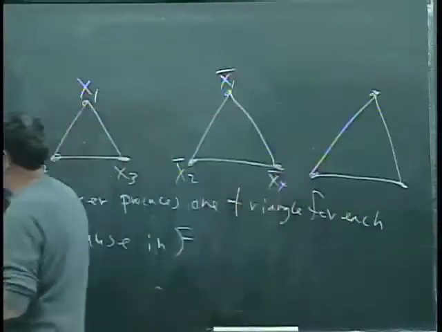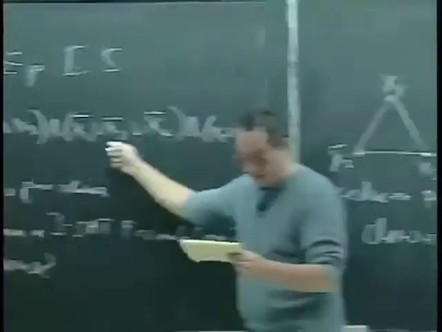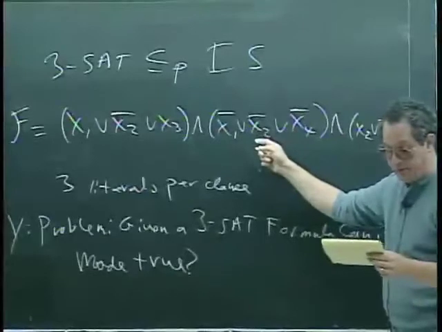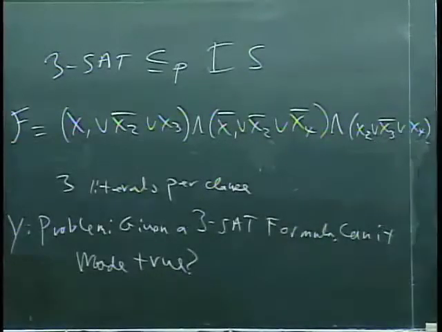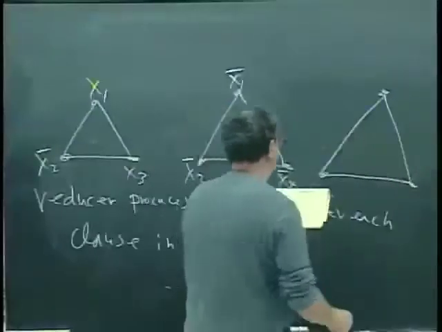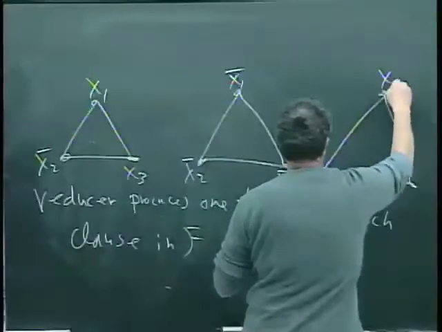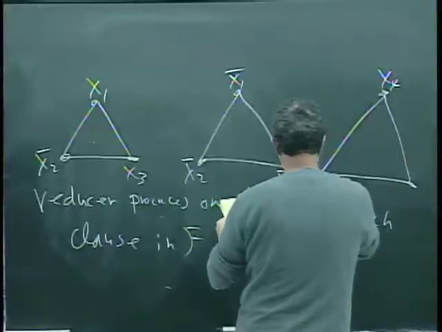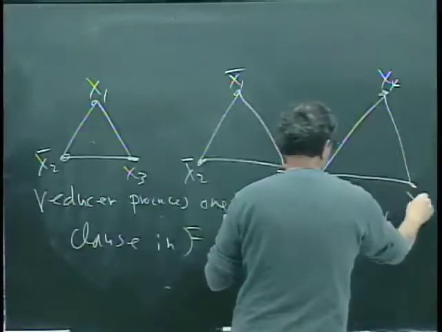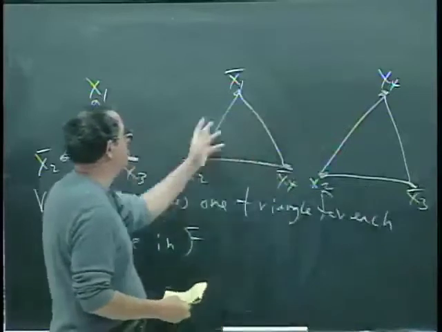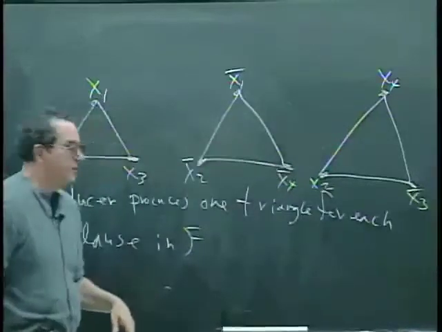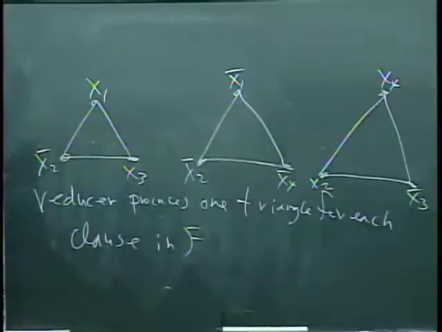Now, I guess there was a question here because my handwriting wasn't good enough. This is x2 bar because I have it on this triangle. And then for the third clause, we have x4, x2, x3 bar. It doesn't matter where you put the literals, but it has to be consistent with the edges that are coming next.